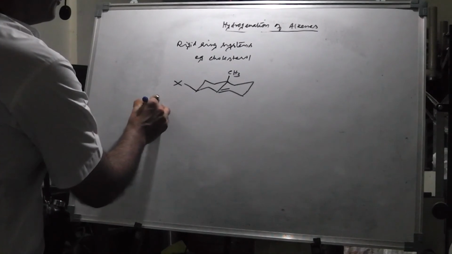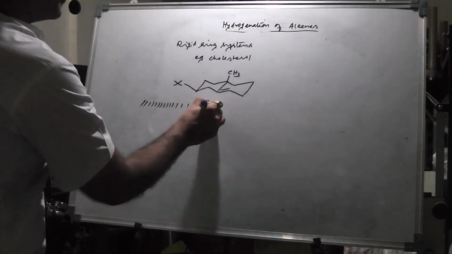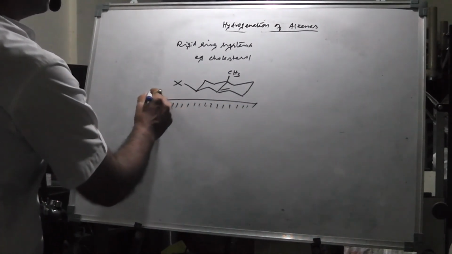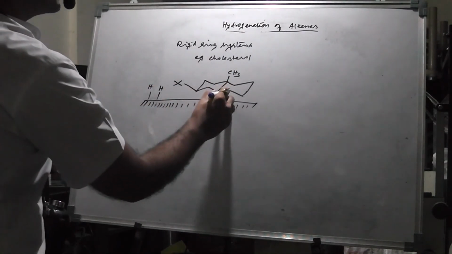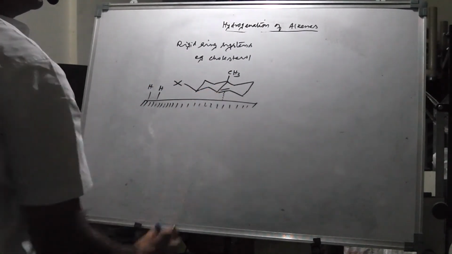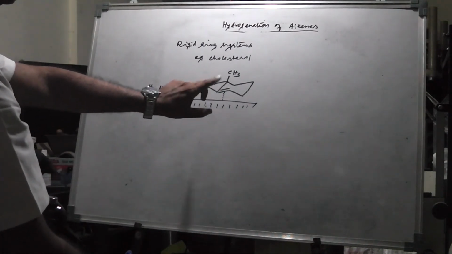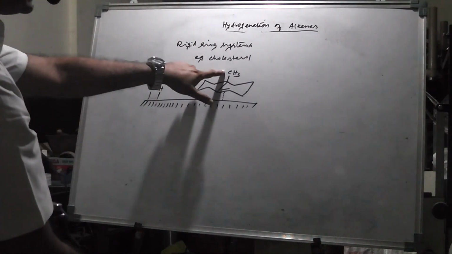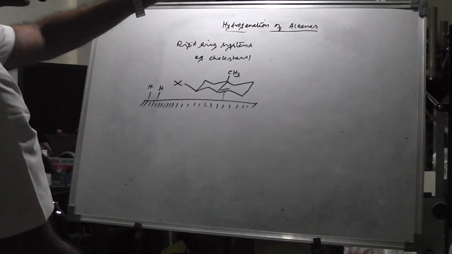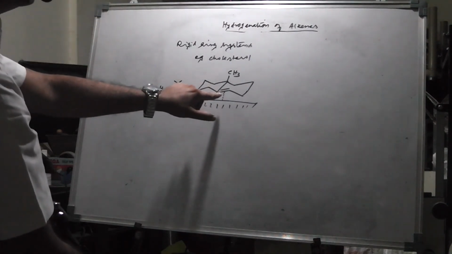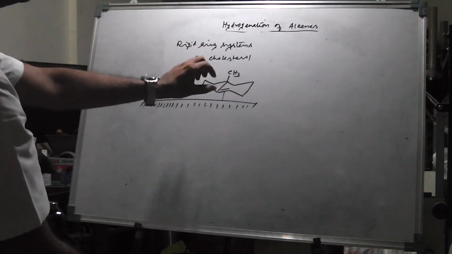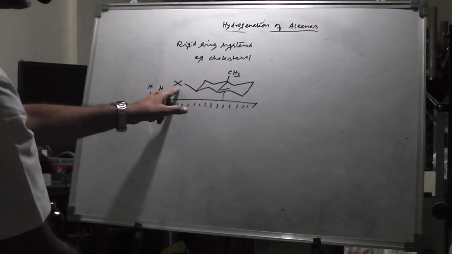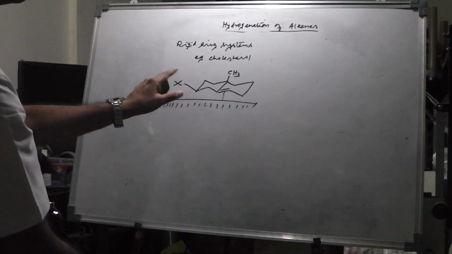We know already that when it is going to adsorb on the metal surface, hydrogen first adsorbs, then this will be adsorbing. I am not writing the orbital structure here, but you have to assume there is a pi orbital that is actually adsorbing on the metal surface. This anchoring group doesn't allow adsorption from that particular side. So this is the only possible path by which this can adsorb on the catalyst surface, and the substituent X must be equatorial. That is an important requirement.